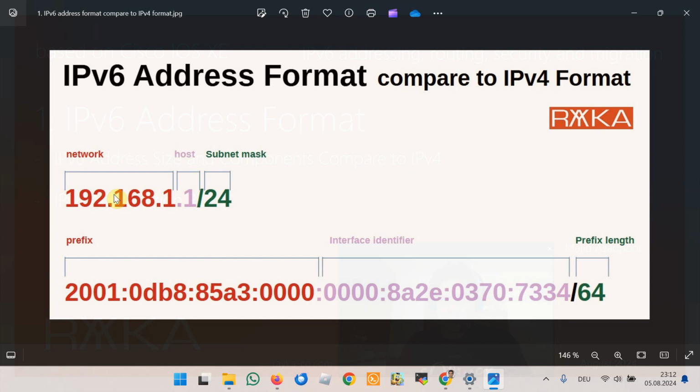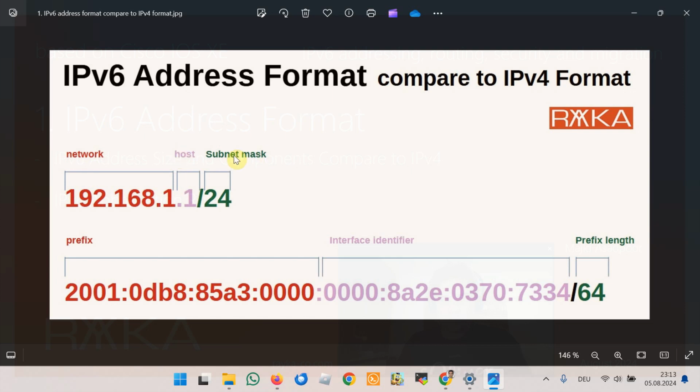Each IP version 4 address is divided into two parts, the network portion and the host portion. The network portion identifies a specific network or subnet which is shared by all devices within that subnet. The host portion identifies the individual devices within that network, providing a unique address to each device in that subnet.